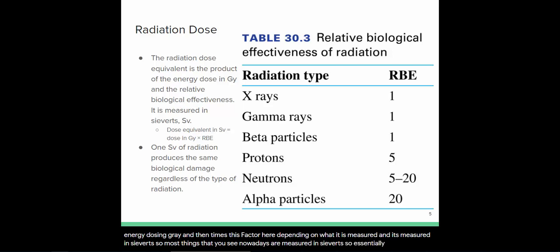Essentially, if you have a detector that can detect the energy and then the type of radiation that caused this ionization, then you can get sieverts. For the Geiger counter I have up here, Geiger counters only detect that there's enough energy to cause an ionization to occur. They don't know what type of energy made it happen.